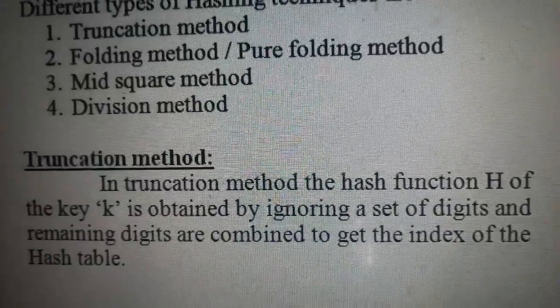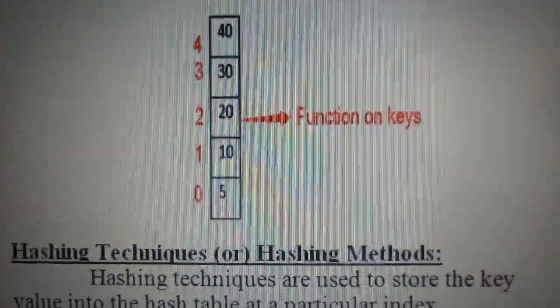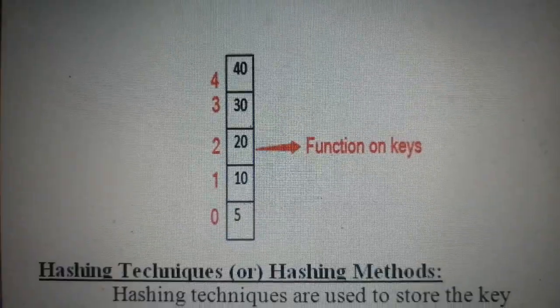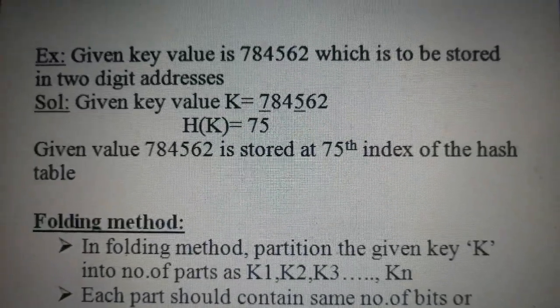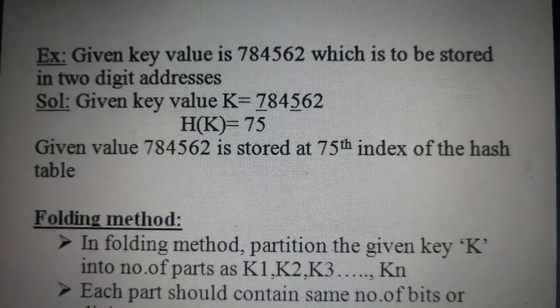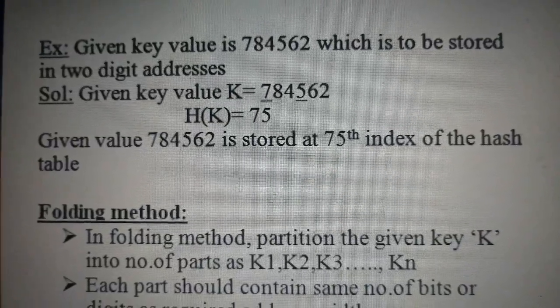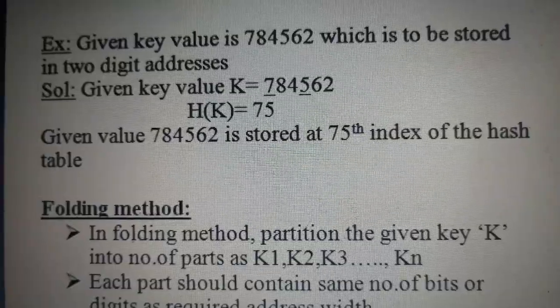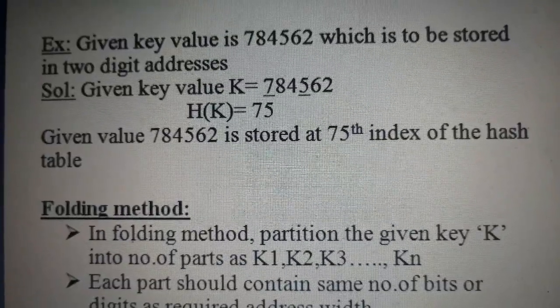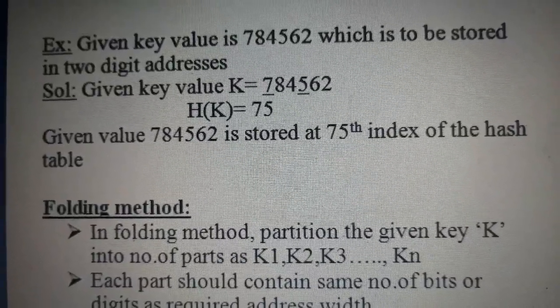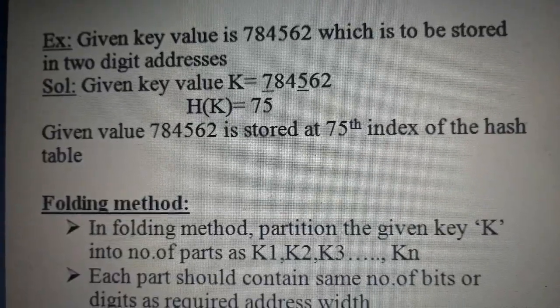Suppose, for example, the given key value is 784562. How is the truncation method implemented in order to obtain the index?